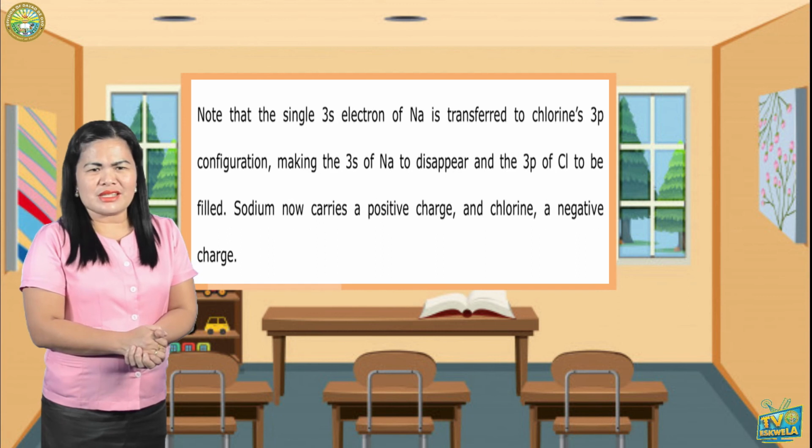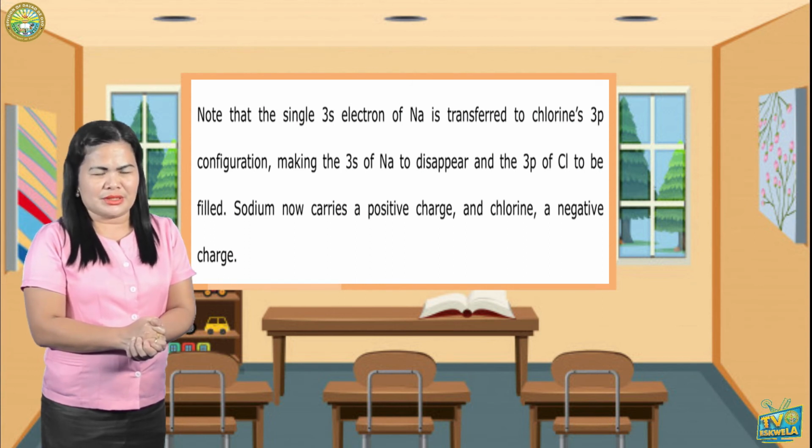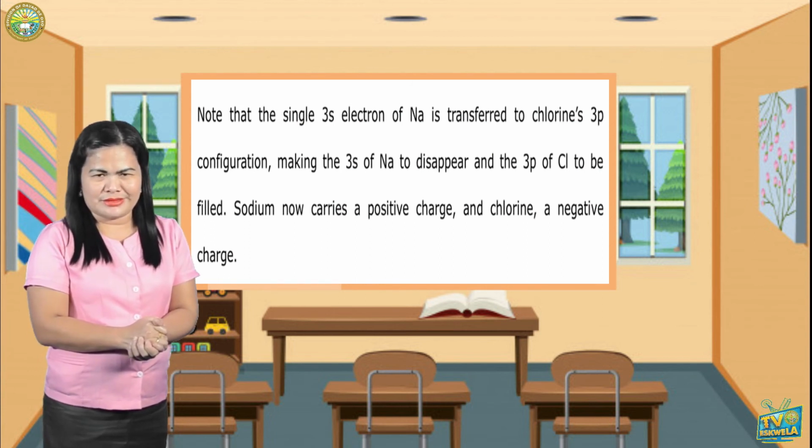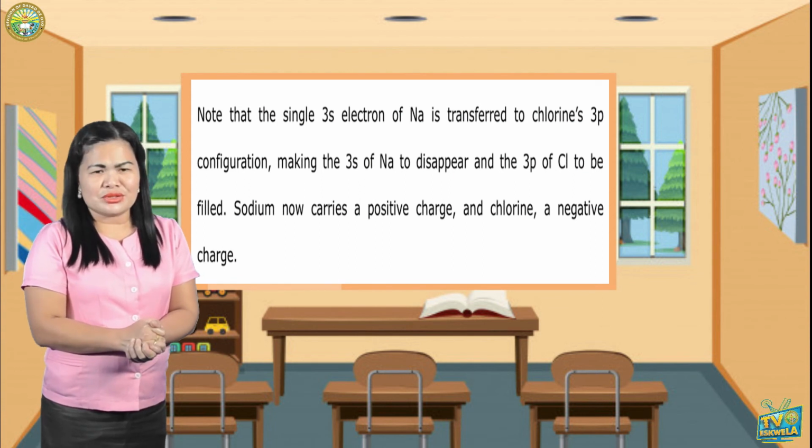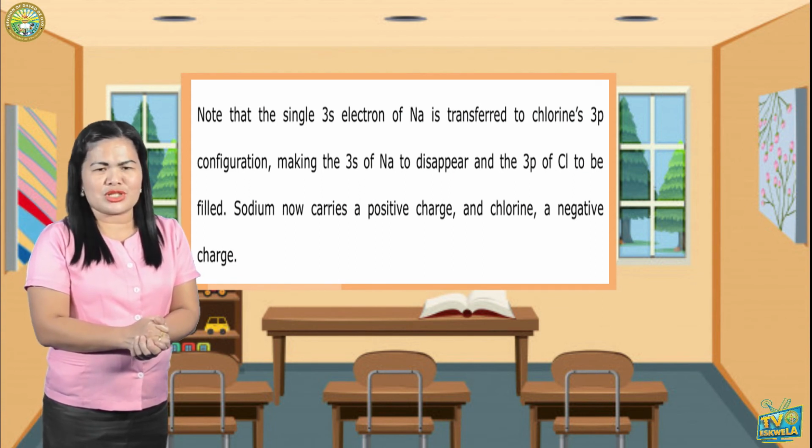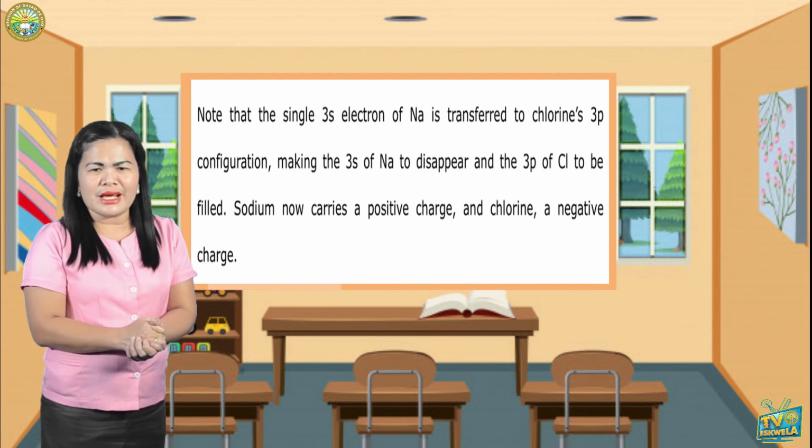Note that the single 3s electron of sodium is transferred to chlorine's 3p configuration, making the 3s of sodium disappear and the 3p of chlorine filled. Sodium now carries a positive charge and chlorine a negative charge.